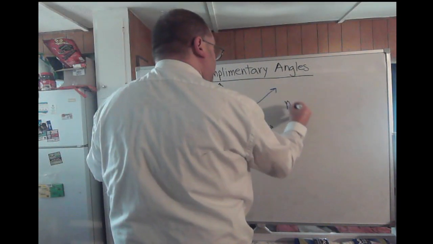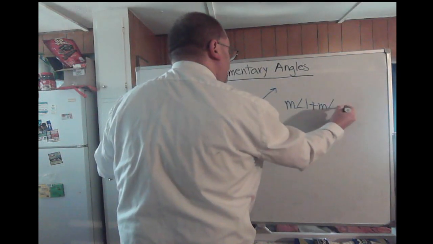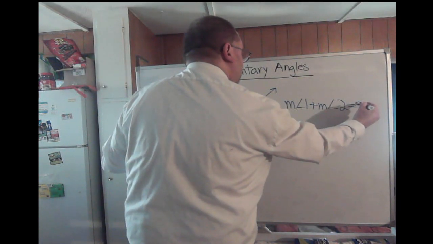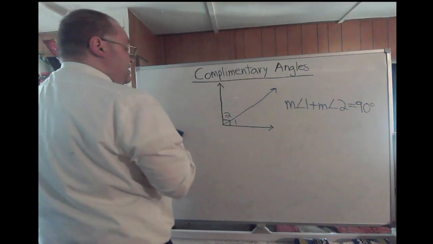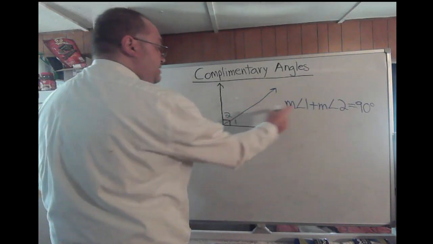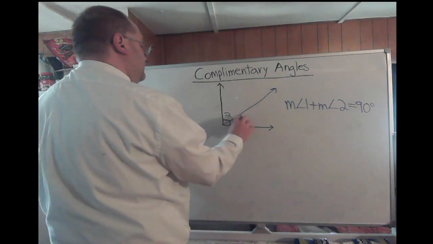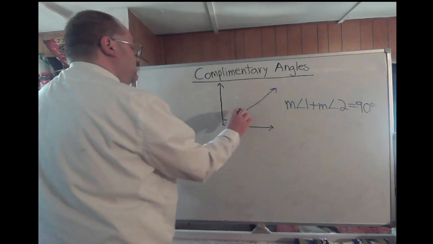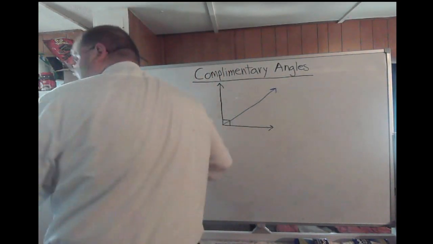So the measure of angle 1 plus the measure of angle 2 would equal 90 degrees. That's what complementary angles are. Whenever you have two angles that the sum of those two angles equal 90, those are complementary angles. So those aren't so bad to understand either.